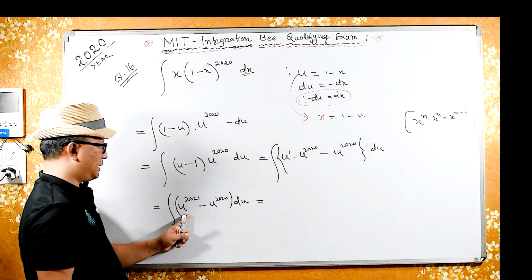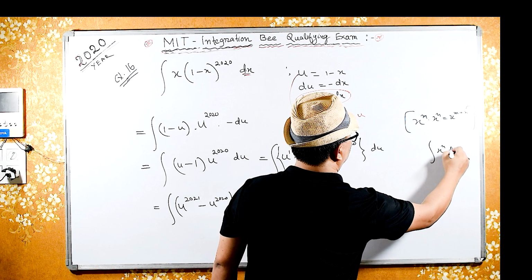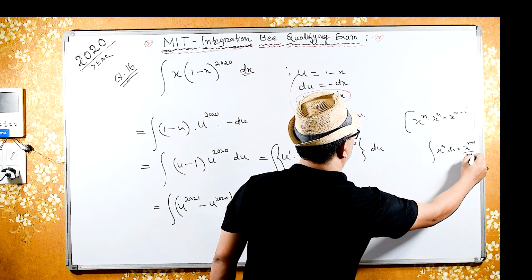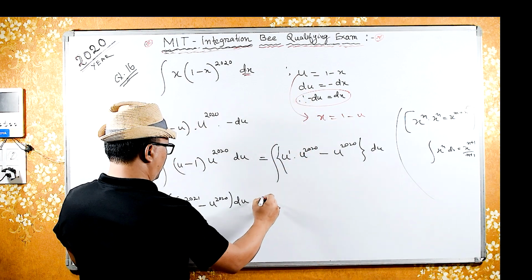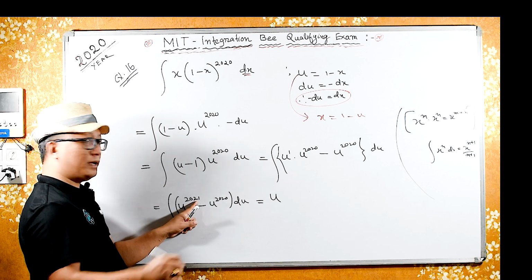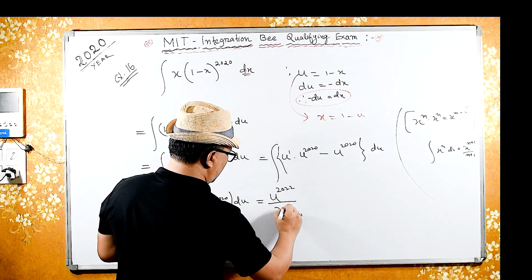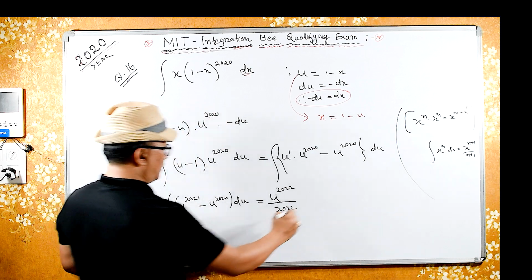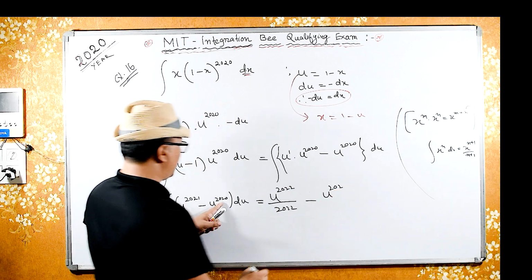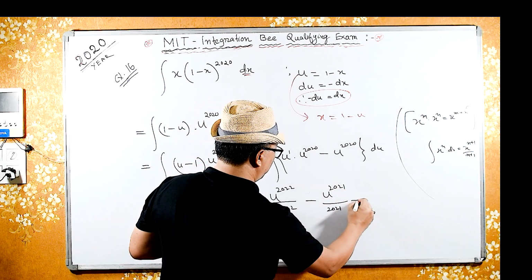Now let's integrate this. Integration of x raised to n dx is x raised to n plus 1 upon n plus 1. Therefore u raised to 2021 plus 1, which is 2022, upon 2022, minus, over here u raised to 2020 is there, so add 1, u raised to 2021 upon 2021, plus some constant.